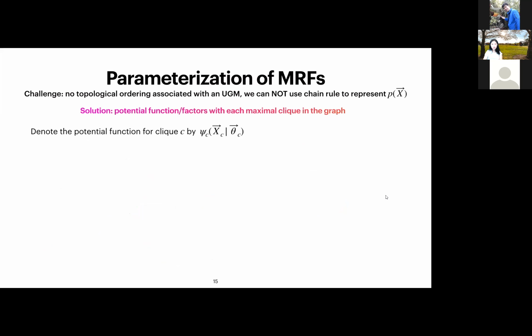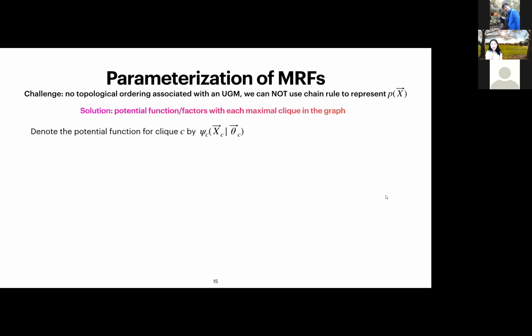So how do we represent the joint probability? The solution is the potential function, or the factors, with each maximum clique in the graph. So you're going to denote the potential function for a clique c as psi. I hope I'm not, sometimes I pronounce Greek letters wrong. Hopefully this is right.